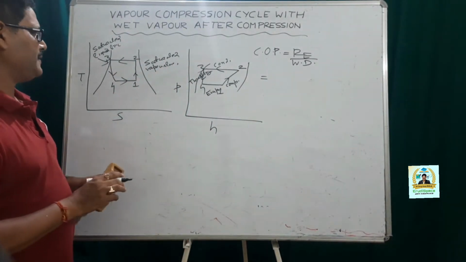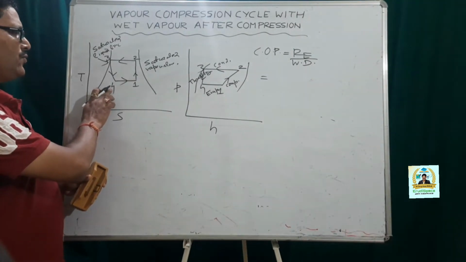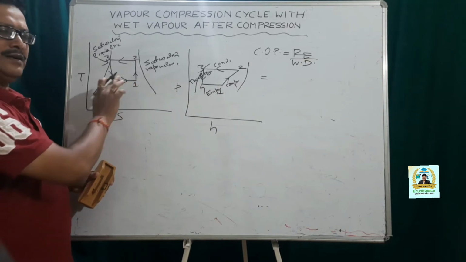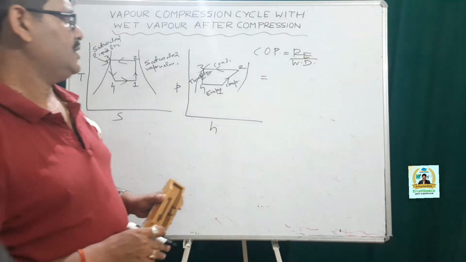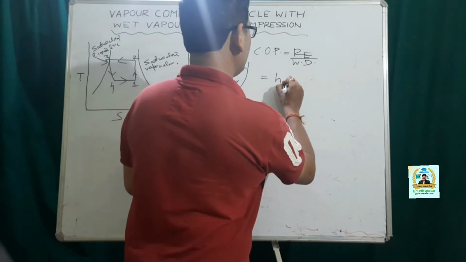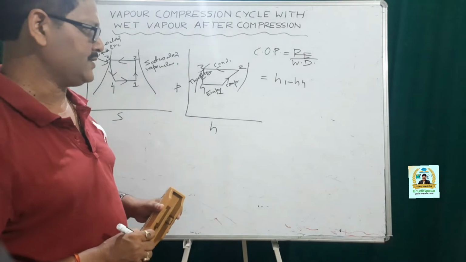The refrigerant enters at 4 and it leaves at 1 as far as the evaporator is concerned. So the enthalpy difference H1 minus H4 is the refrigerating effect.